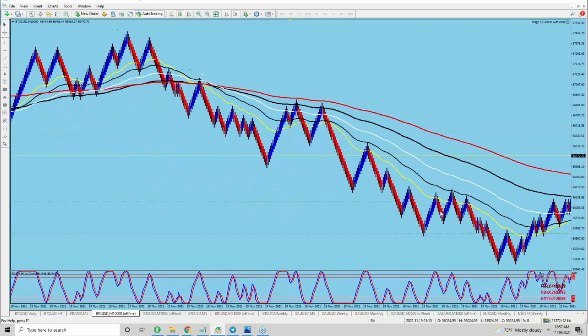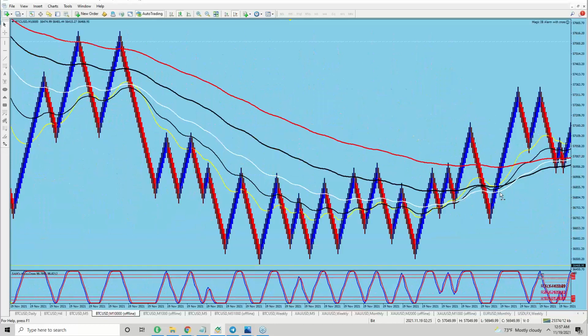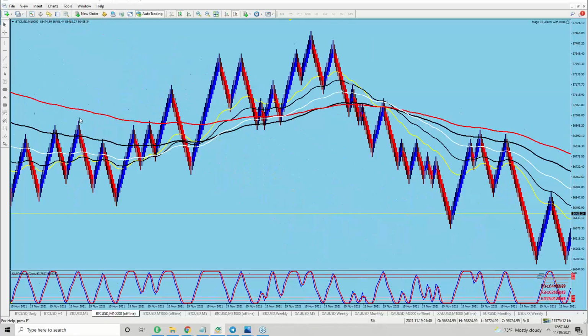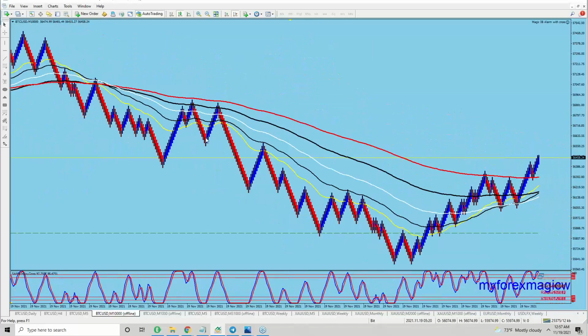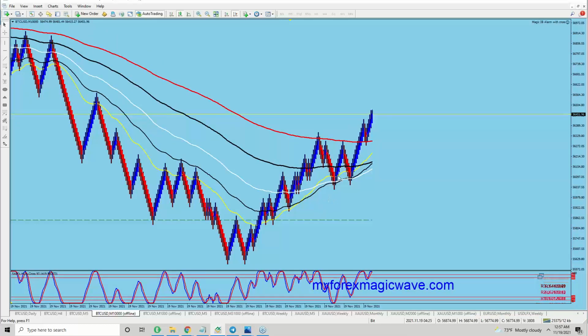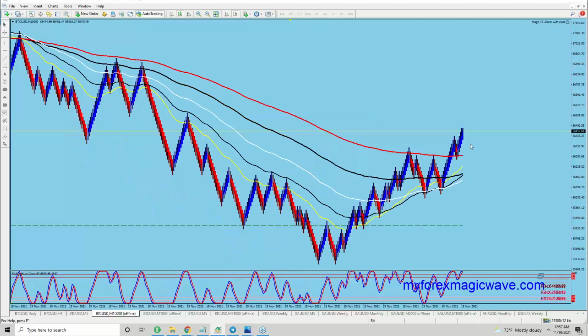Coming down, you can see how many entries, and then going up again. The system gives very, very clear entries, for example this one, this one, this one, and here now going up, a beautiful entry. This thing can bounce in the blink of an eye and go to the upside. So let's see what happens.